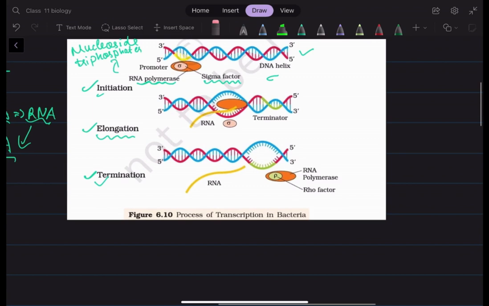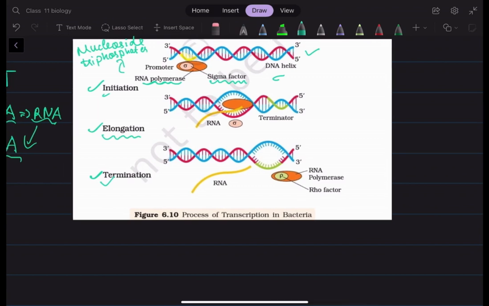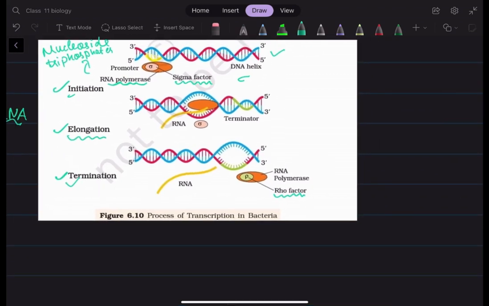And then finally, to terminate this process, another factor called the rho factor is required. So this rho factor is the termination factor, and it helps in terminating this process.